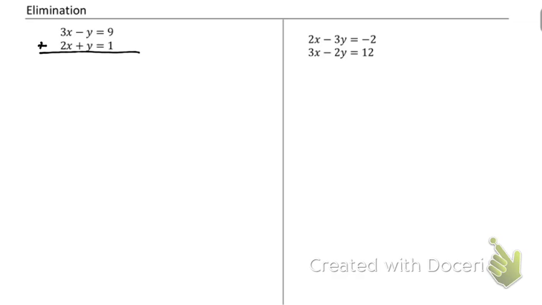So I'm going to do 3x plus 2x equals 5x. Negative y plus y equals 0. So that's what we mean by elimination. I get rid of my y's. And that's going to equal 10. Well, we don't care about 0, so we're just going to have 5x equals 10, or just x equals 2.